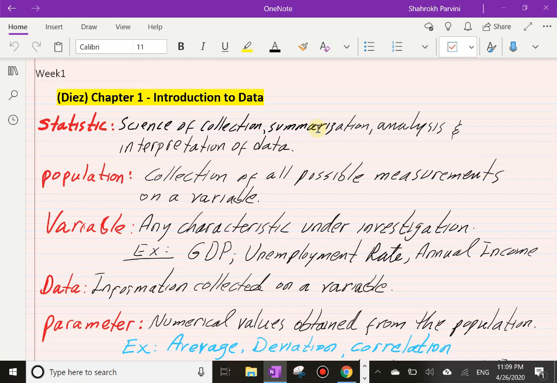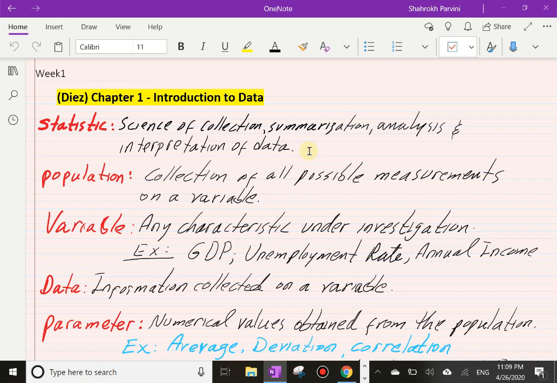And then comes the analysis, and here's where the formulas are going to come and help us out. So we're going to analyze the data at hand, and ultimately once we're done with analysis, we would like to interpret the data that we collected to begin with, to address some kind of a concern, some kind of a research problem, or whatever reason was to begin with that led us to collecting this information.